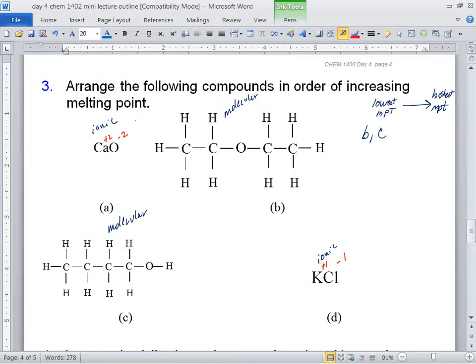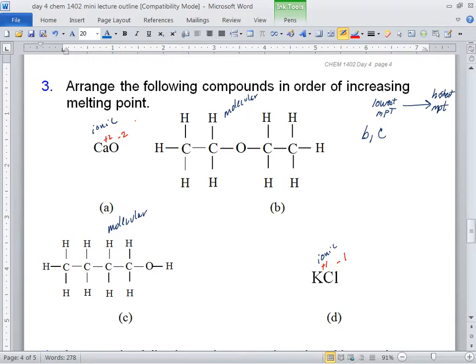Which one's going to have a stronger interaction, A or D? What sticks together stronger, +2 and -2 or +1 and -1? I would need a demonstration or something to illustrate this to you.